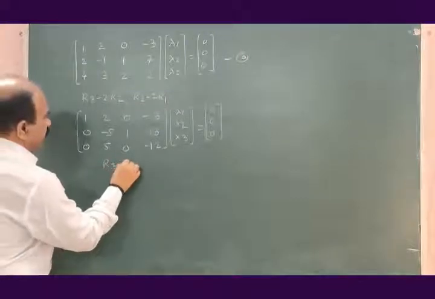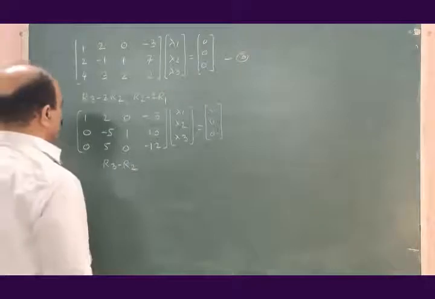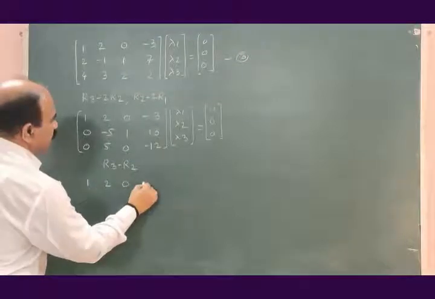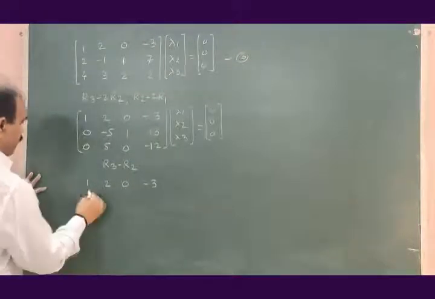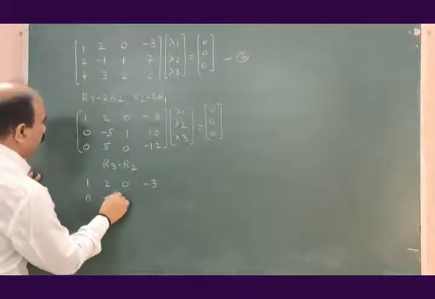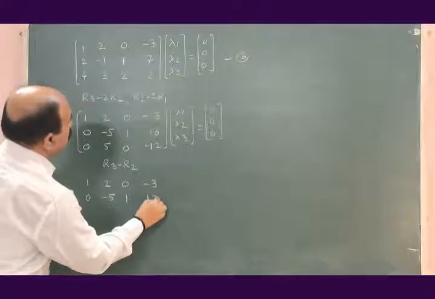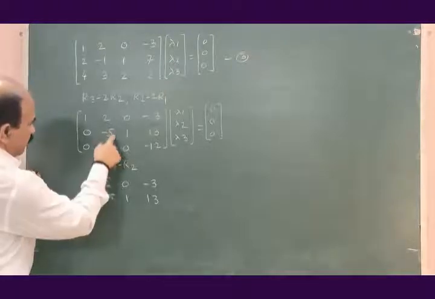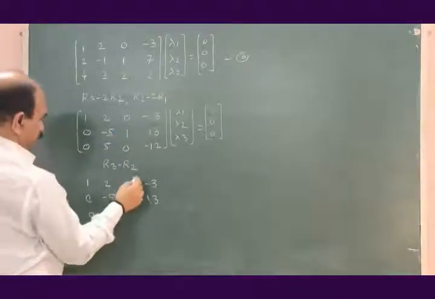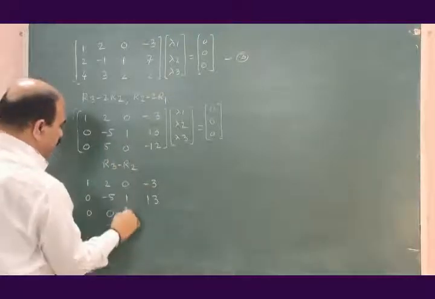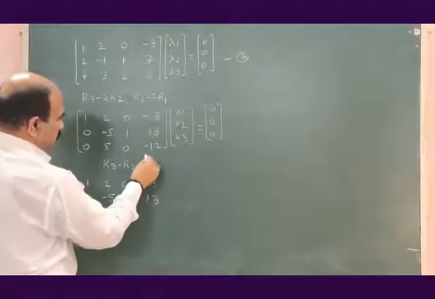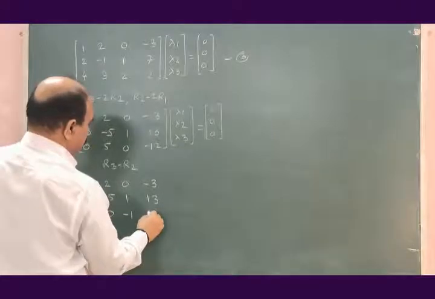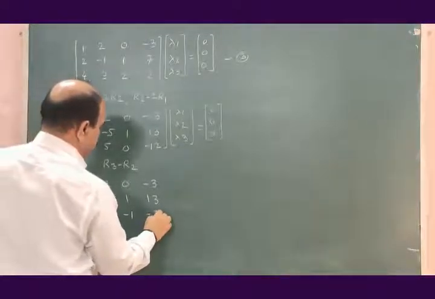R3 minus R2, and we will have here 1, 2, 0, minus 3, 0, minus 5, 1, 13, 0, minus 5 plus 5, 0, 0 minus 1, minus 1, minus 12, minus 13, that will be minus 25.